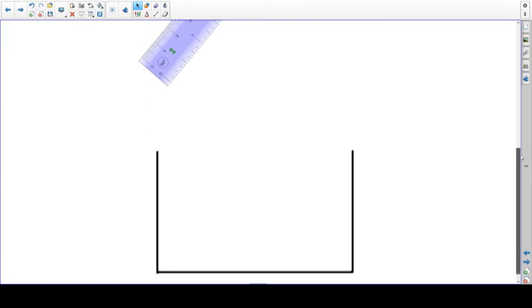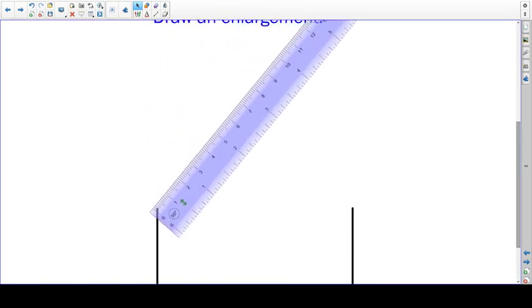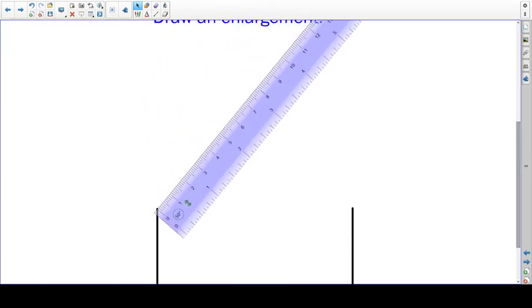Now I'm going to bring my ruler back because I need this to be 8 centimeters. So 8 centimeters is going to look something like that.